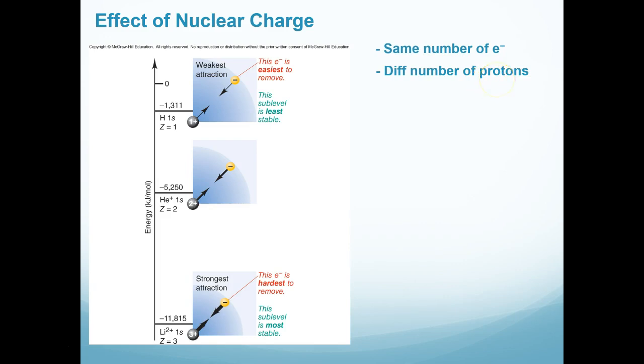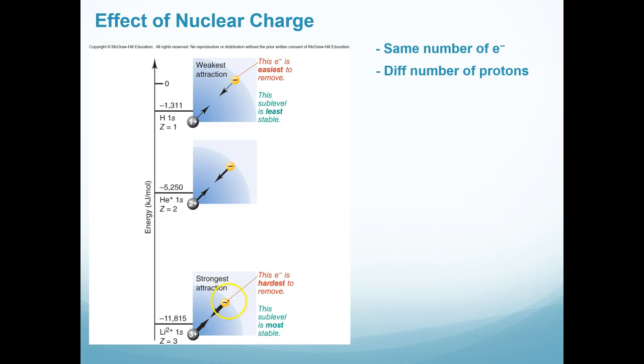Going from hydrogen to helium plus to lithium 2+, lithium 2+ has the greatest number of protons, meaning that the pull from the nucleus is going to be a lot stronger, since they all have the same number of electrons. The number of protons is higher, so it's pulling a lot more, holding that one electron closer to the nucleus. So it has a higher effective nuclear charge.